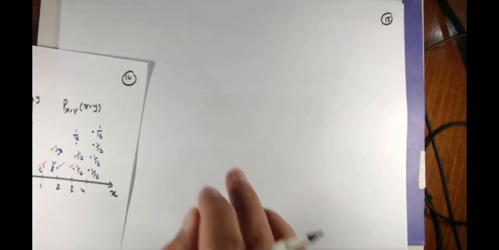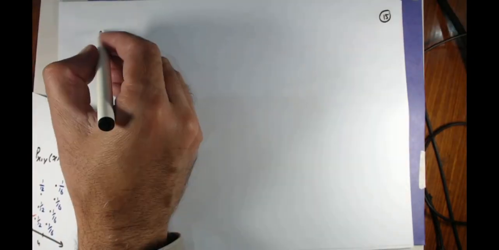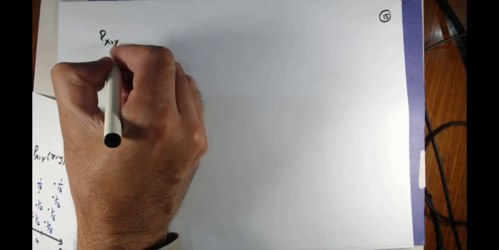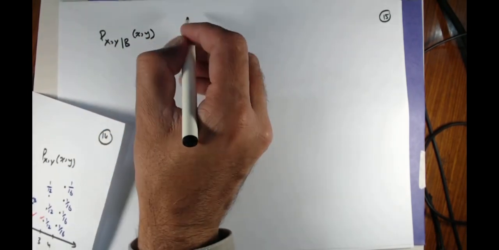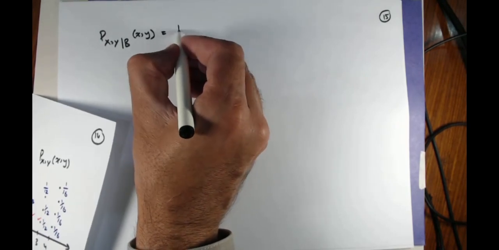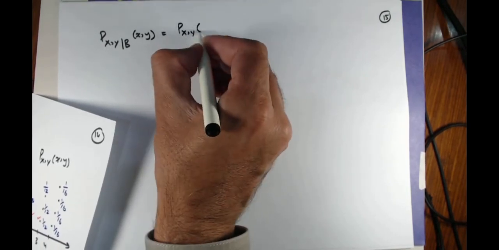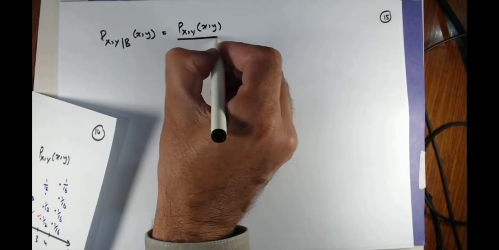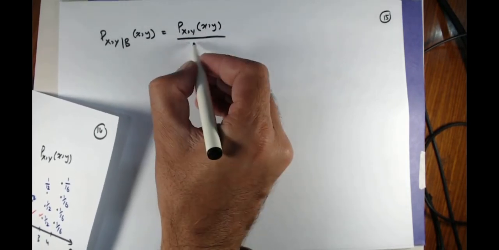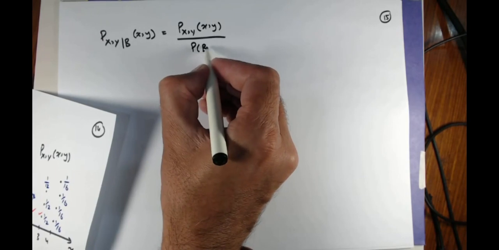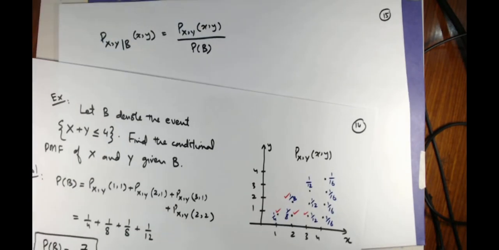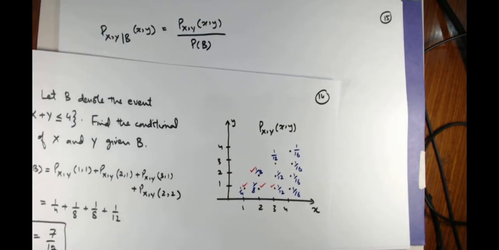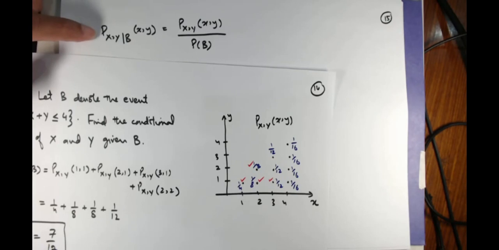So the conditional joint distribution basically will be P sub x comma y given B of x comma y, and that is P sub x comma y of x comma y, the original unconditional distribution, divided by the probability of the conditioning event.